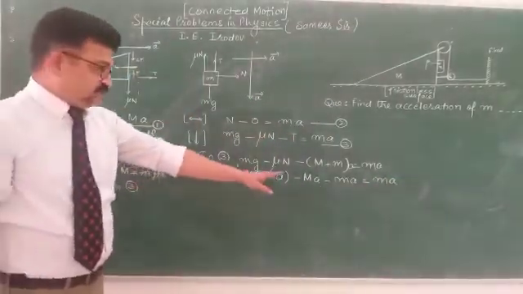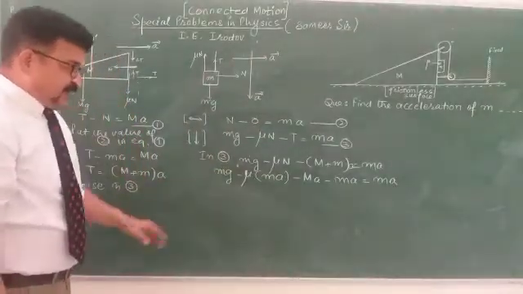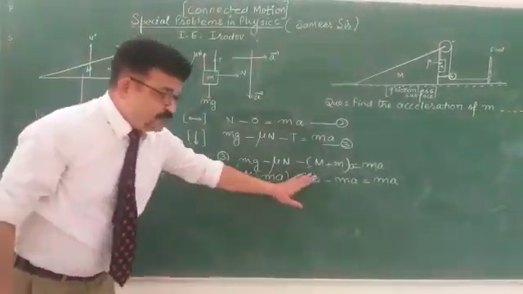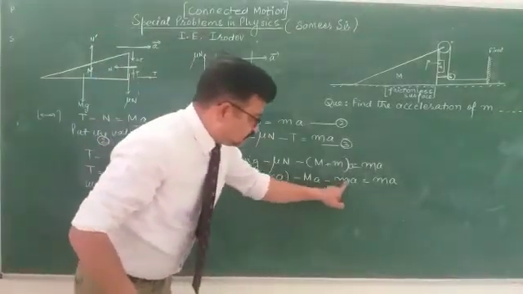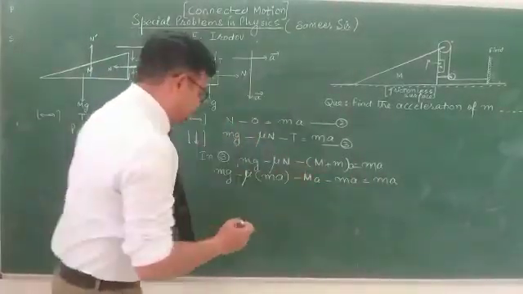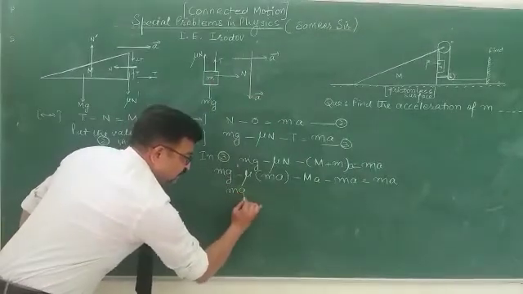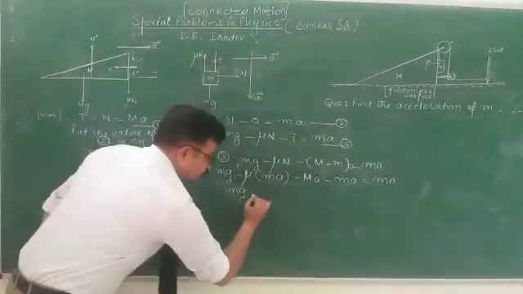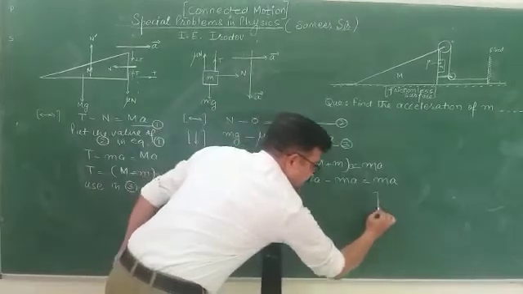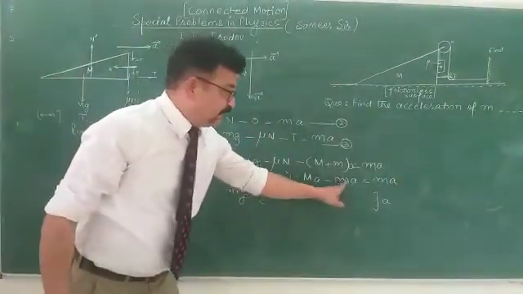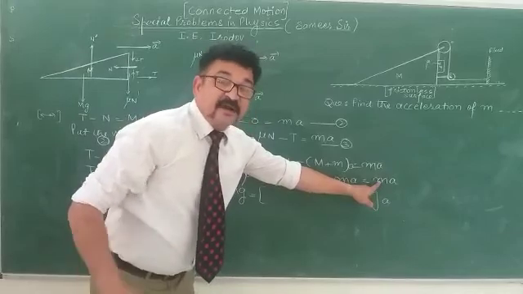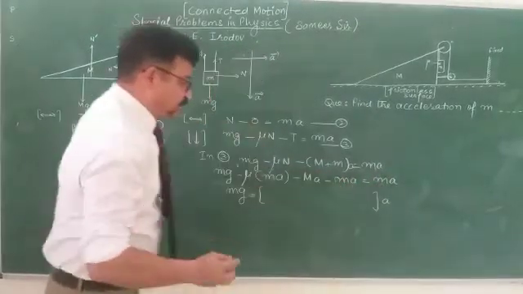Look at the story once again. If you look at the diagram, if you want to find out A, let us make A on one side. This will give you mg. Have a look at that. If you calculate the value of A, what will you get?